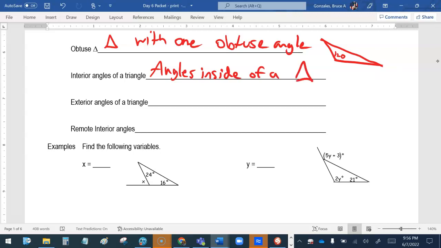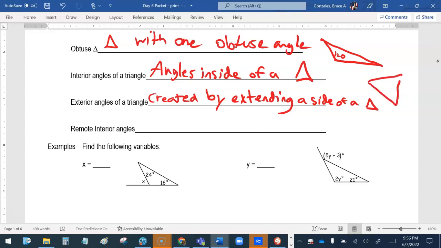Exterior angles are created by extending a side of a triangle. So here's an example. I have a triangle off to the side here. If I continue extending this side, I create this angle on the outside right there called an exterior angle.